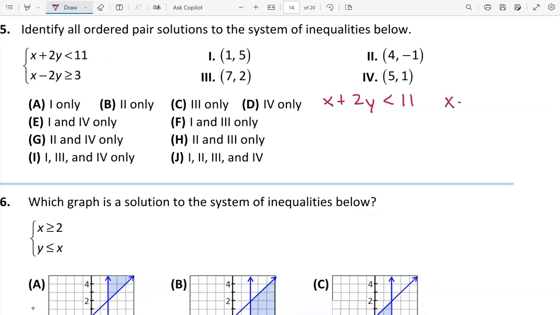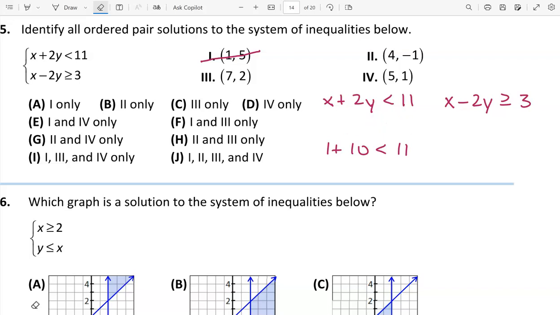And inequality number 2 is x minus 2y is greater than or equal to 3. 1 plus 2 times 5 is less than 11. That would be 1 plus 10 is less than 11, or 11 is less than 11. That is not a solution to that inequality. It has to be a solution to both inequalities, so I'm not even going to test the second one.